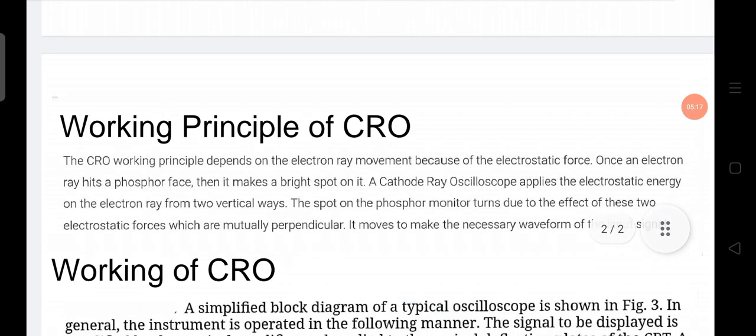Now what is the working principle of CRO? The CRO working principle depends on the electron ray movement, because of the electrostatic force the deflector plates have. Due to that electrostatic force, the electron beam which is coming from the cathode in the CRT acts.